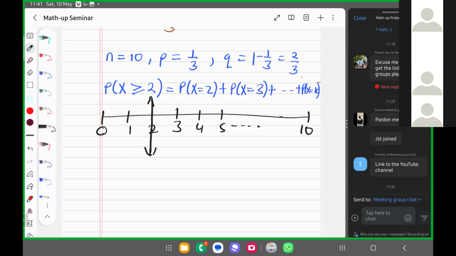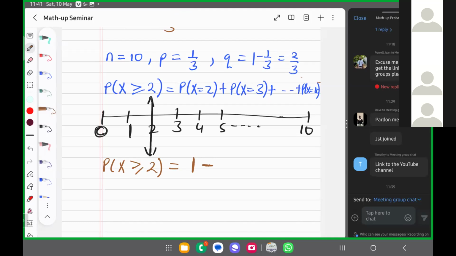So I can look at 2. I can look at everything that's less than 2. I only have 0 and 1. So it means that if I'm to get the probability of x being greater than or equal to 2, since the total probability is 1, I can get that probability as the total probability minus the probabilities that I'm not interested in for that particular question.